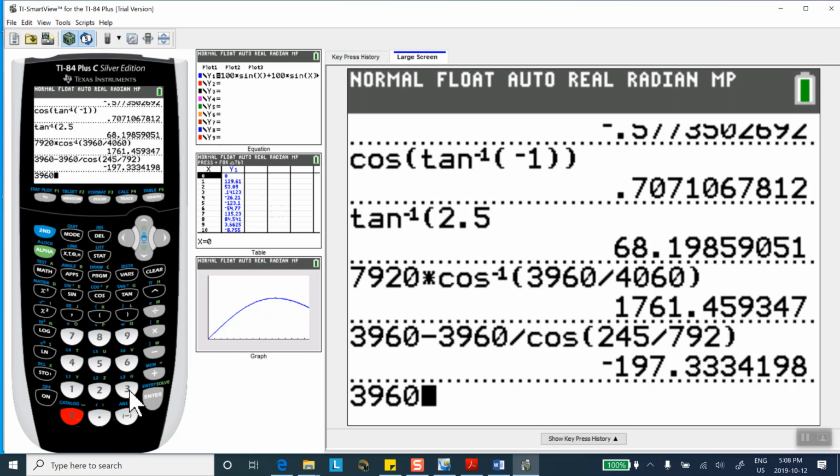Let's try it. Is it 3960 or 3690? Let me check.